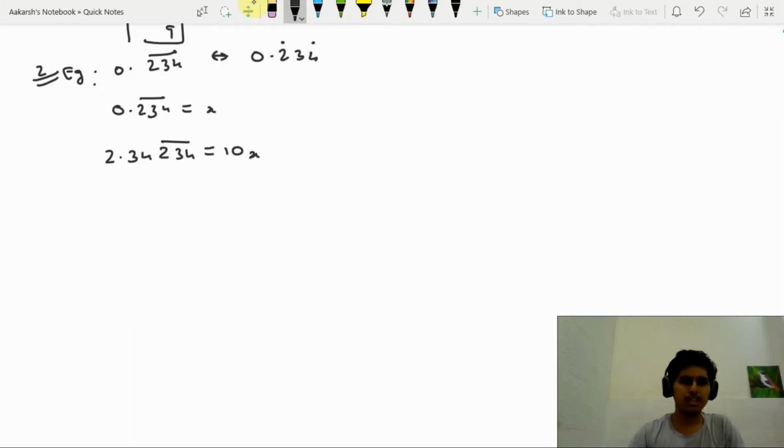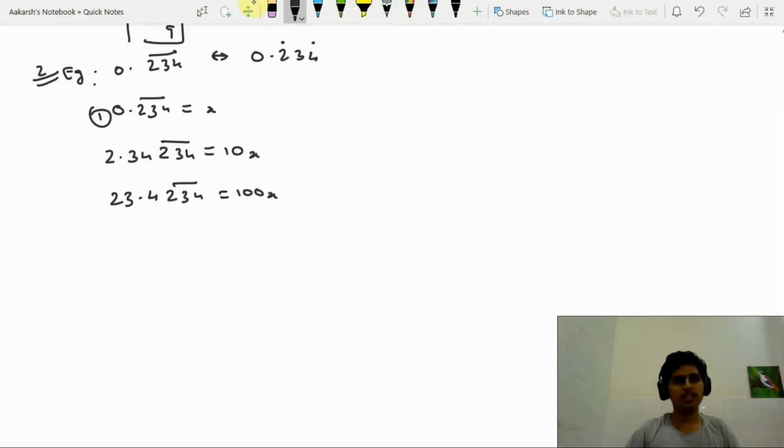But if you see now, my decimal is not exactly same. Let me try 100 times. So when I multiply this first equation by 100, I get 23.4, and then I have 234 which is repeating. This is 100x.